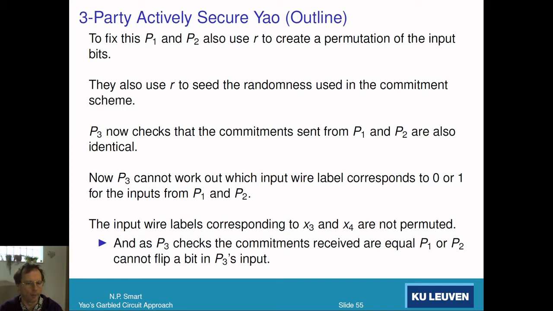We don't need to permute the bits corresponding to x3 and x4 because P3 basically knows what they are. So now that gives us our three-party Yao protocol. Kind of cool. We just have to evaluate one garbled circuit, but we have to produce it twice, once by P1, once by P2. But it's pretty simple, and there's no OT.